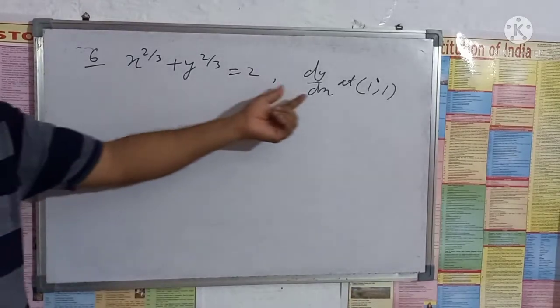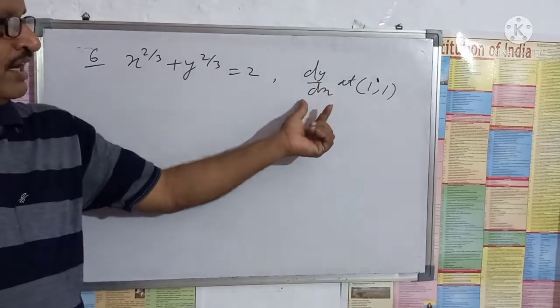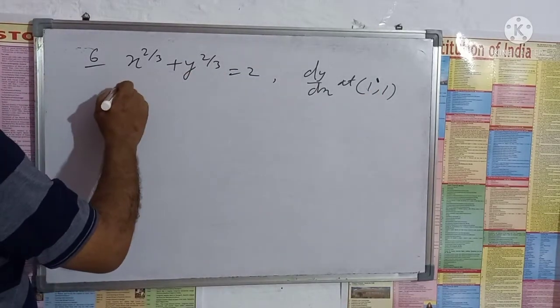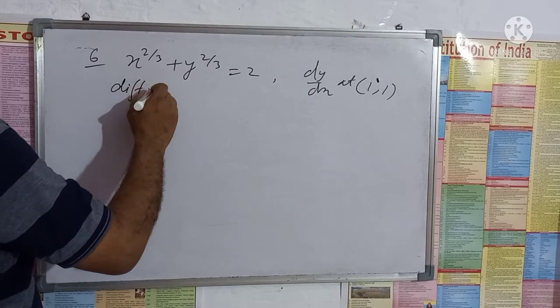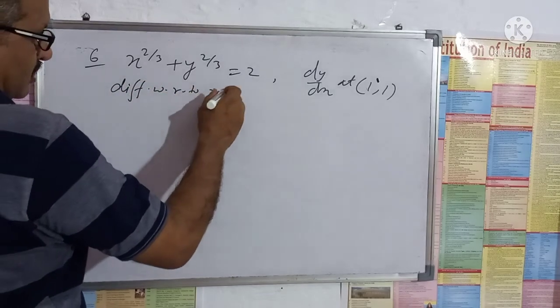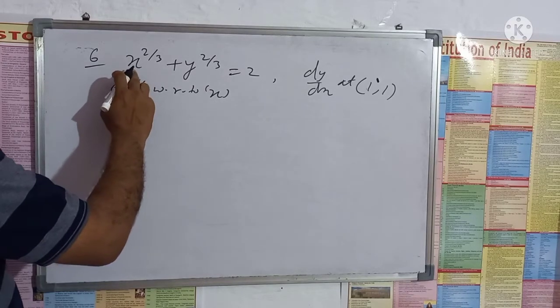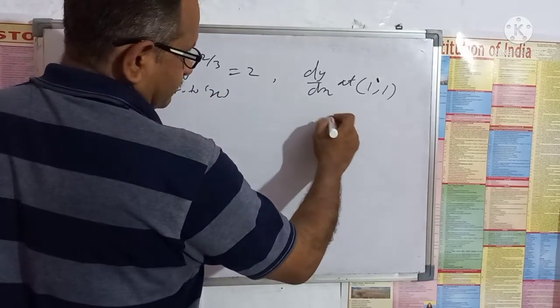First we find dy by dx. Then we will find dy by dx at 1, 1. So differentiating with respect to x, differentiating both sides. What will be the derivative of this? We will apply this one.